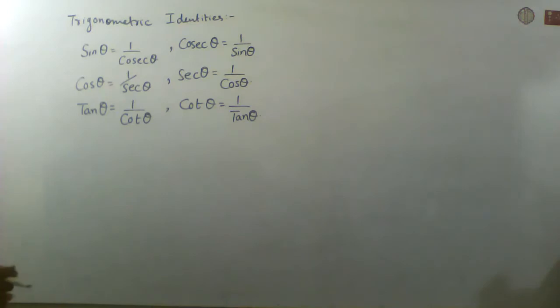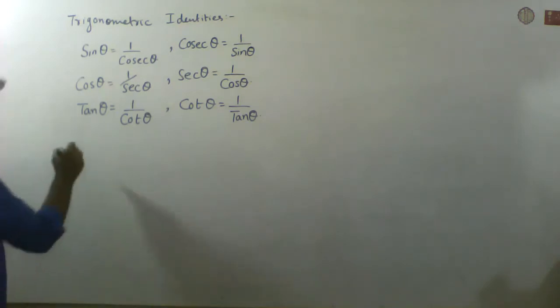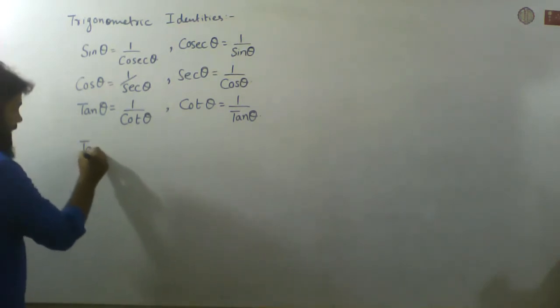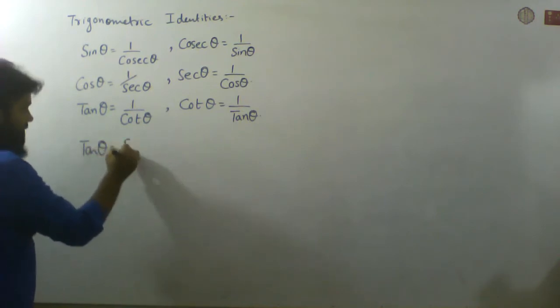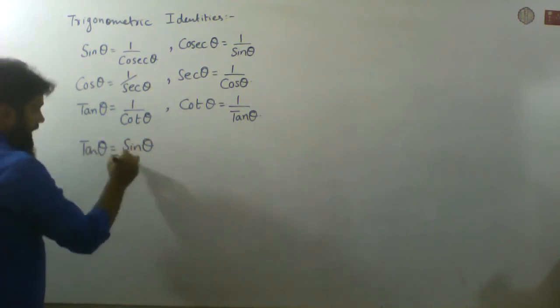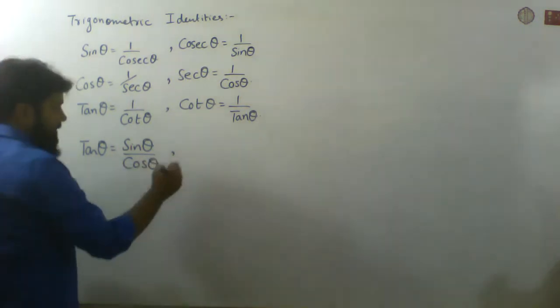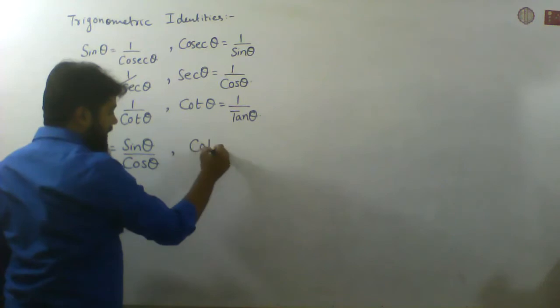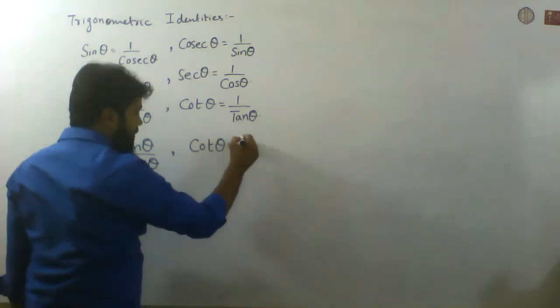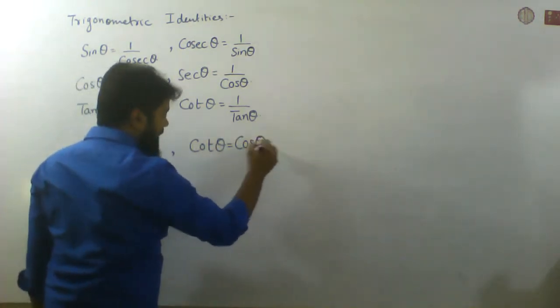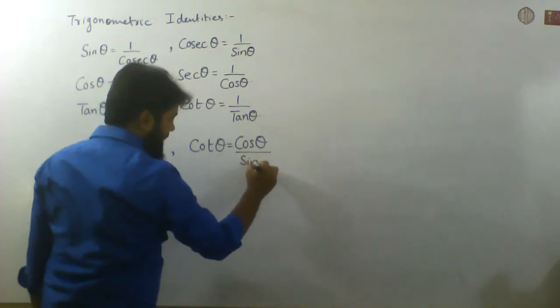Now, tan theta with reference to sine and cos is sine theta over cos theta, and cot theta will be equal to cos theta upon sine theta.